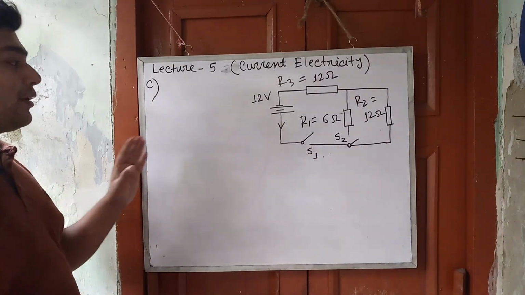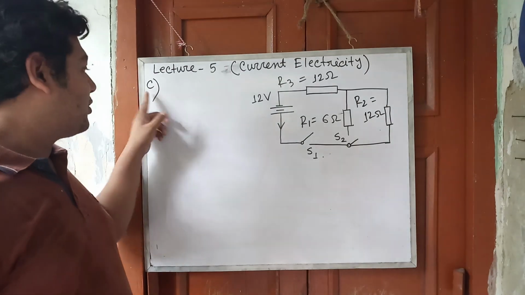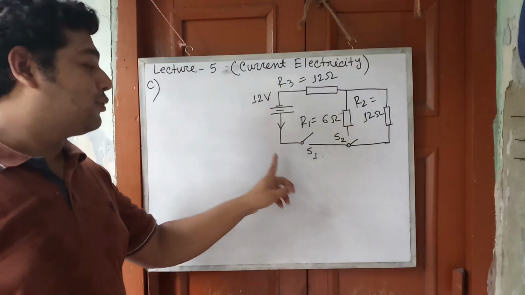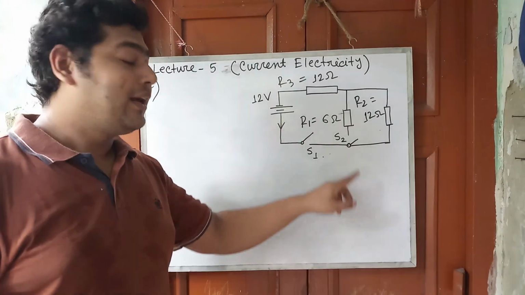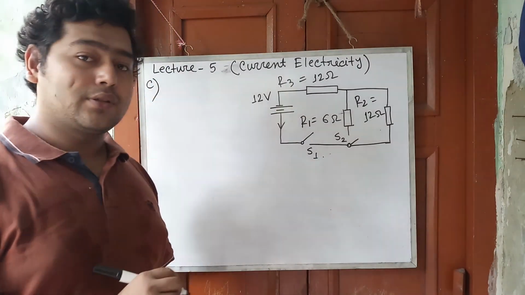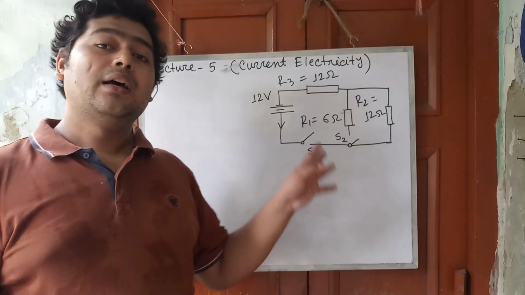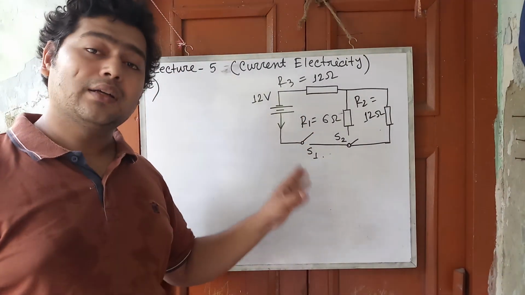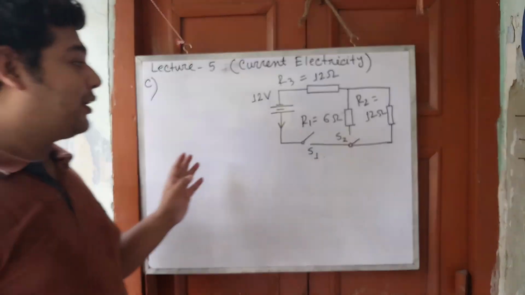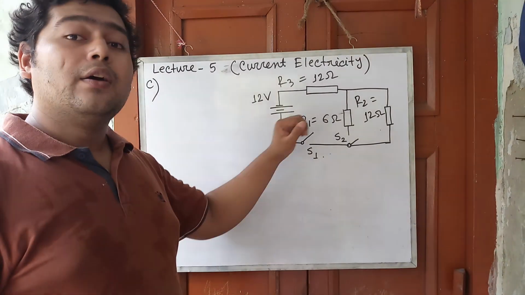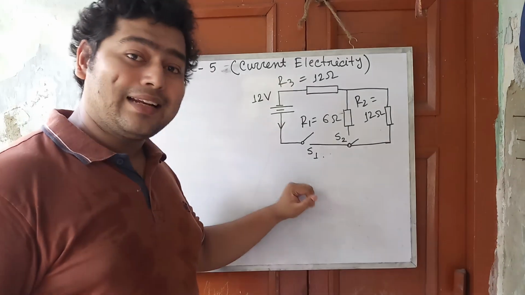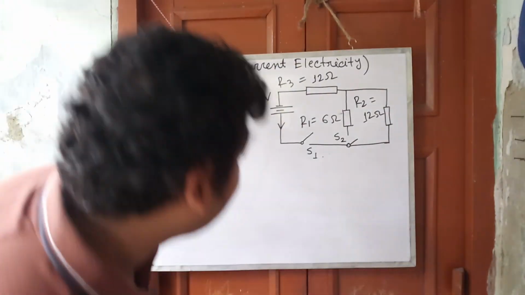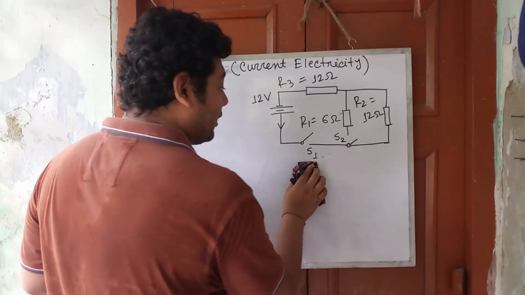In the first question of C, our condition was: if switches S1 and S2 are closed, then what will be the equivalent or total resistance of the given circuit? Now we need to modify our figure as per our question.